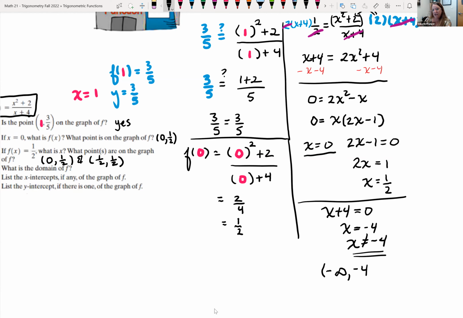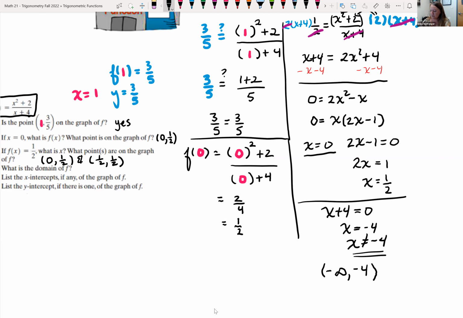For interval notation, if we don't include that value on the interval, then we use a parentheses. If negative 4 was part of the solution, we would use a bracket there. But we're excluding negative 4. We can get really, really close to negative 4 on the left-hand side. So negative 4.1, negative 4.01, negative 4.00000001.